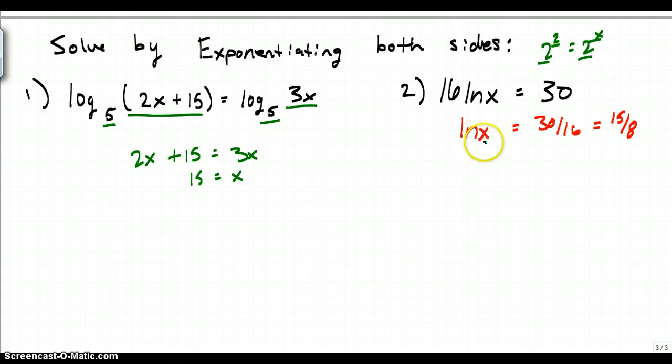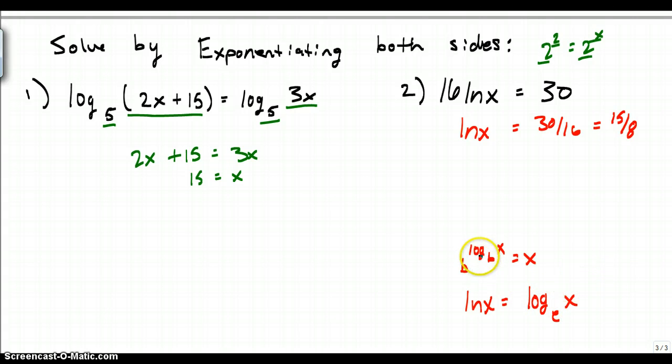Now I want to get rid of this x, so I'm going to have to make this my exponent. I'm using my property b raised to the log base b of x power equals x. That's the property that I'm using. Remember, natural log of x is the same thing as log base e of x.